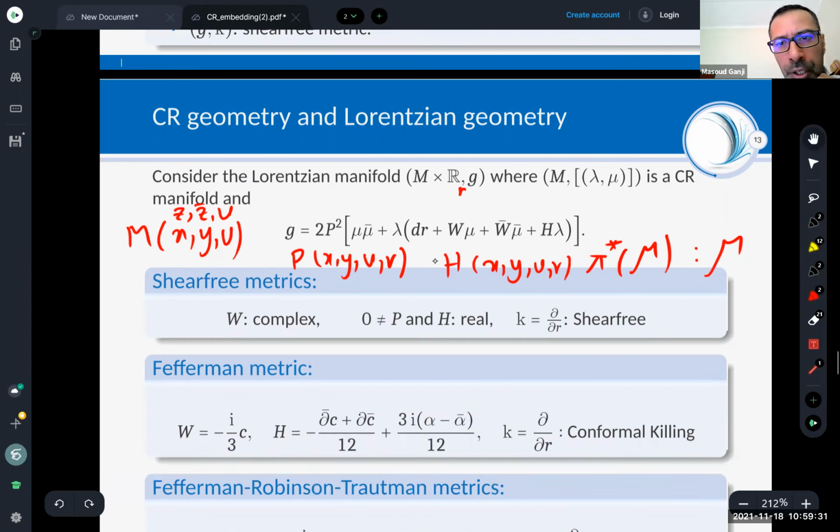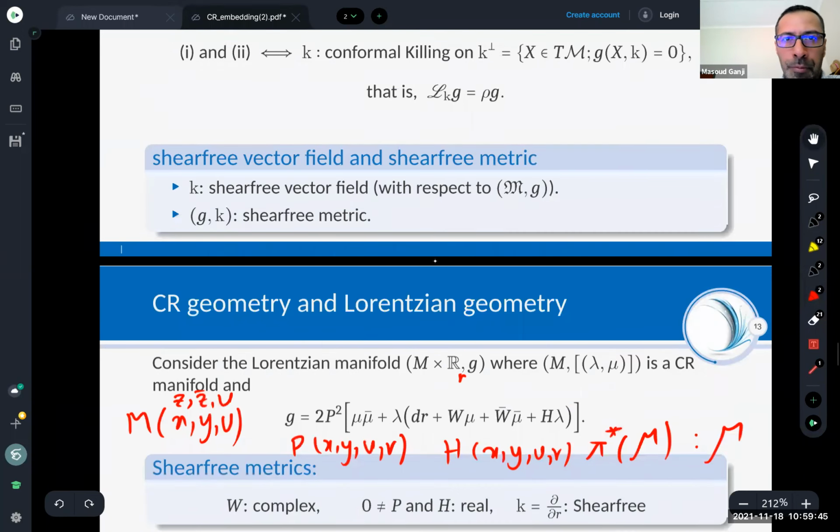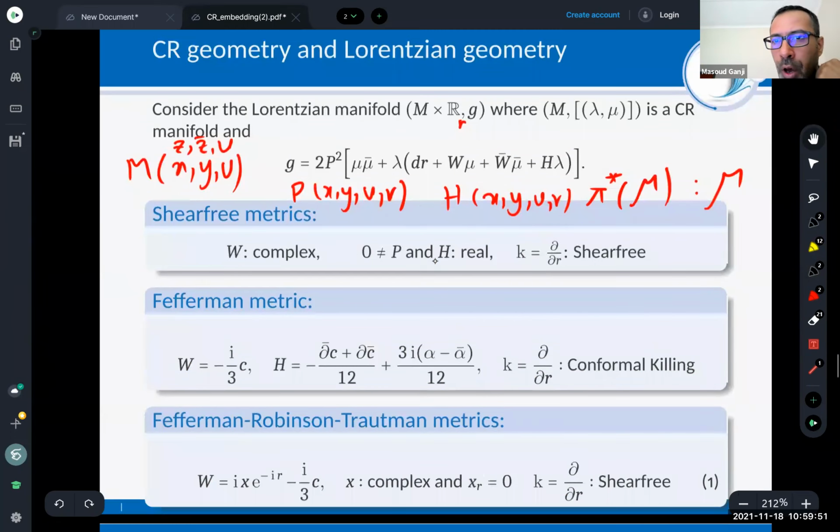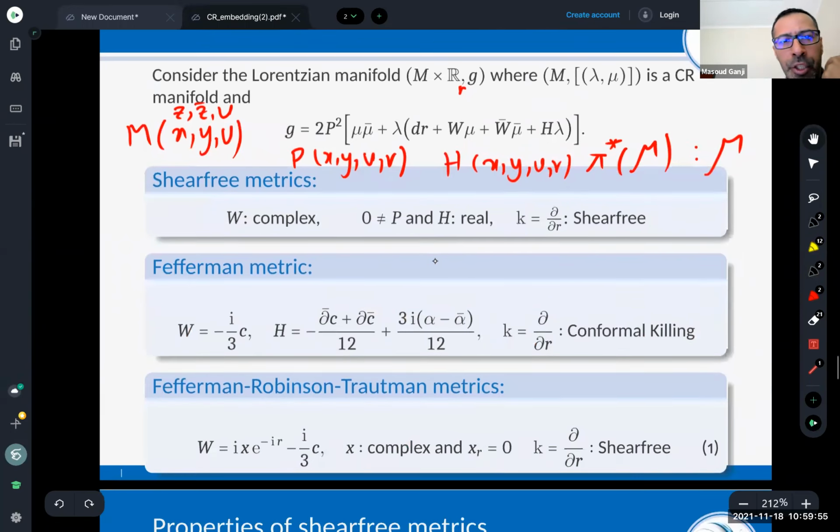We call this a shear-free metric. The reason is this, because K, d by dr, is shear-free. If we do some algebraic computation, you get this condition. And it is obvious that K is null, and K is shear-free. That's the general shear-free metric.